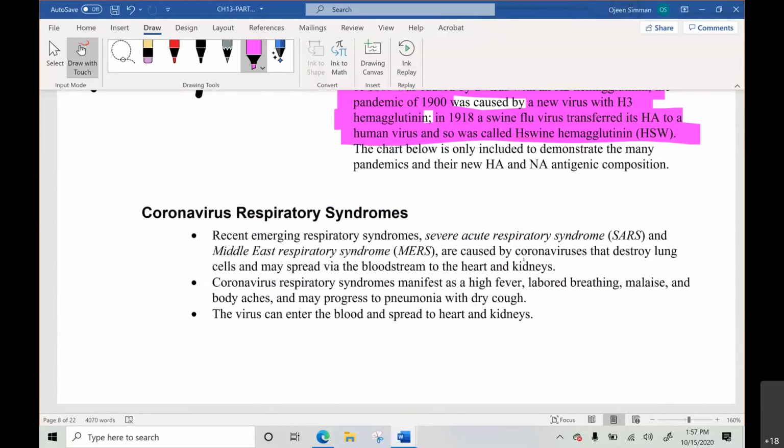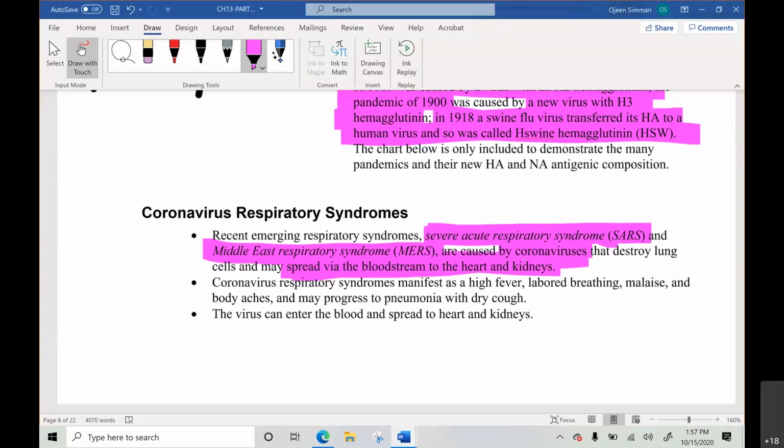Okay. Coronavirus respiratory syndromes. Severe acute respiratory syndrome, also called SARS, and another one called Middle East Respiratory Syndrome, MERS. Both of these are respiratory diseases caused by the coronavirus, which destroys lung cells and can spread via the blood to the heart and the kidneys.